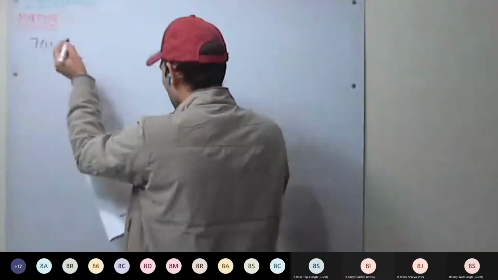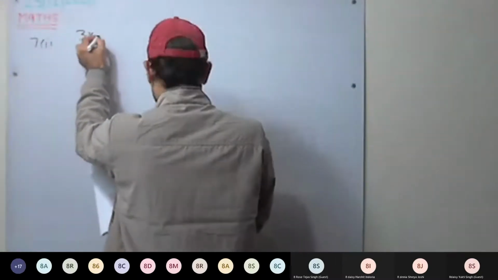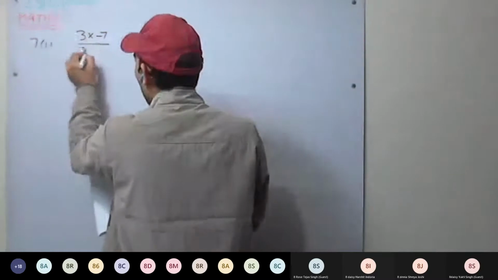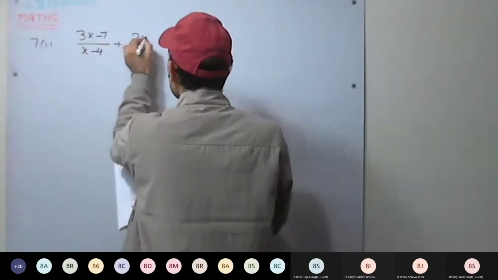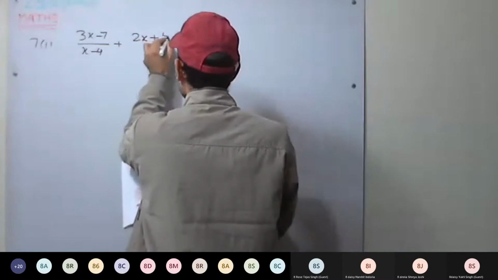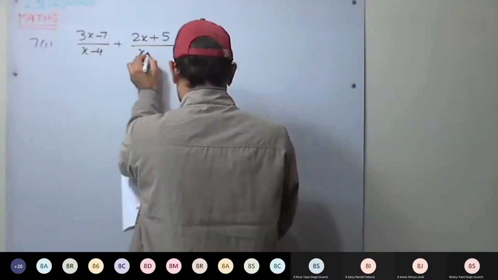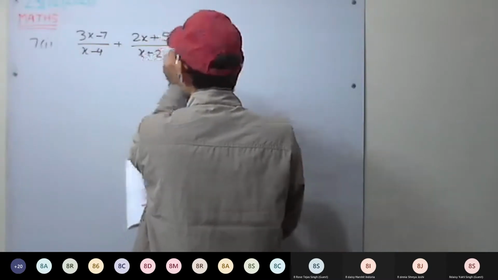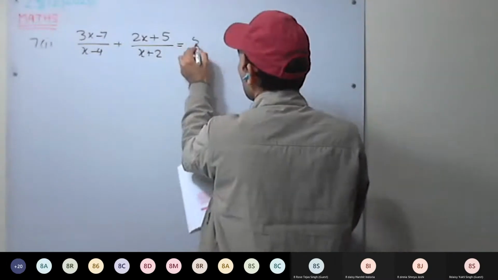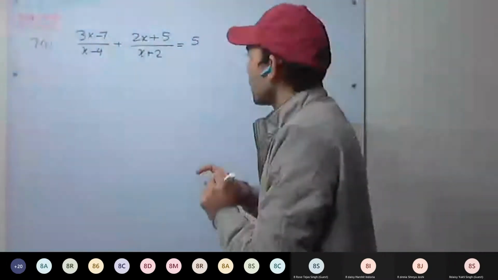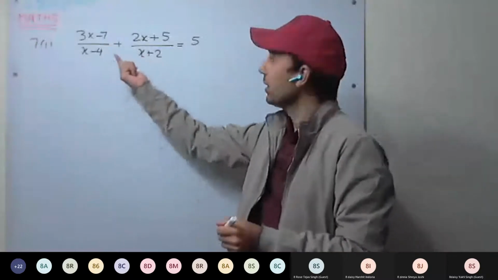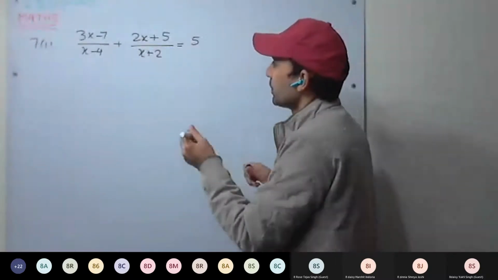Seventh first. The question is (3x minus 7) upon (x minus 4) plus (2x plus 5) upon (x plus 2) equal to 5. Okay, this is our question. So first, on the left hand side, we have to take the LCM.